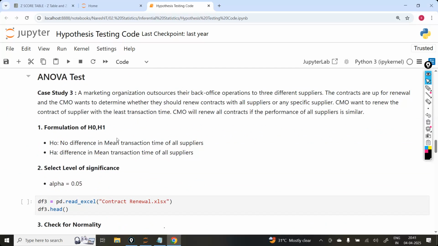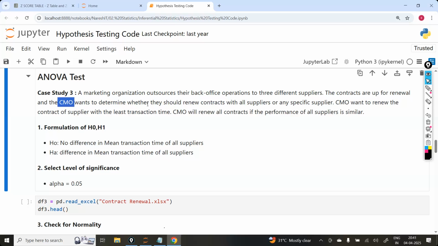Now in the ANOVA test, we are going to take an example where we want to check whether a marketing organization outsources their back-end operations to 3 different suppliers. Okay, they have given it to 3 different suppliers. The contracts are up for renewal, and CMO means Chief Marketing Officer.